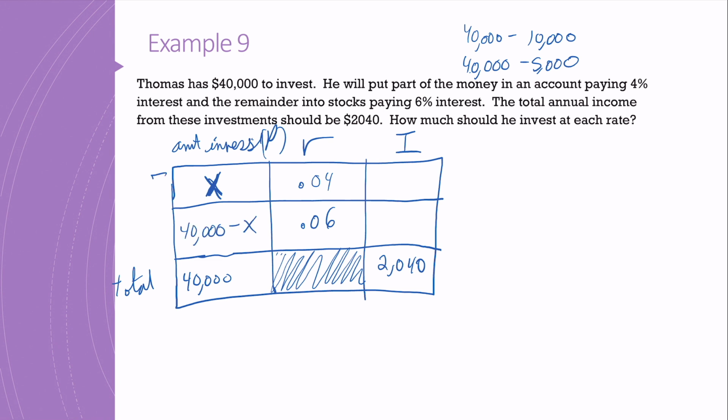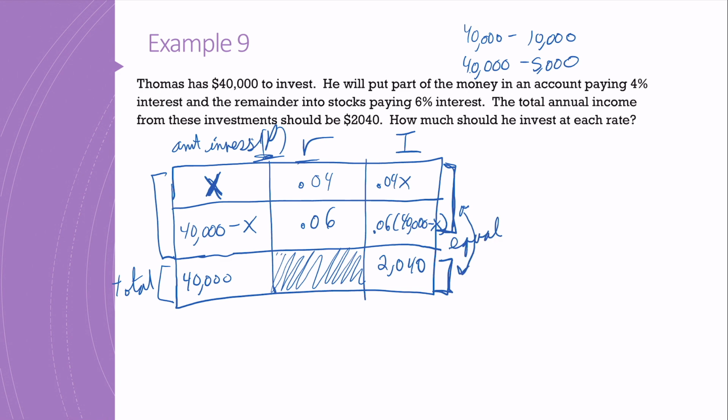And this whole row is going to add up to 40,000, just like our interest on both accounts is going to add up to what our desired income is on those investments. And I multiply our principal that we've invested times our rate: 0.04x, 0.06 times 40,000 minus x. These, much like in our last example, are going to be equal.